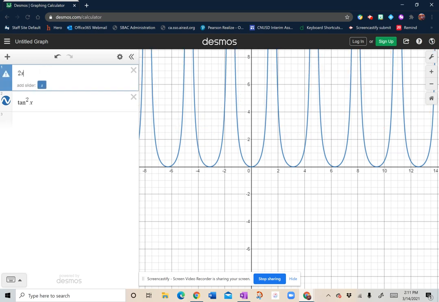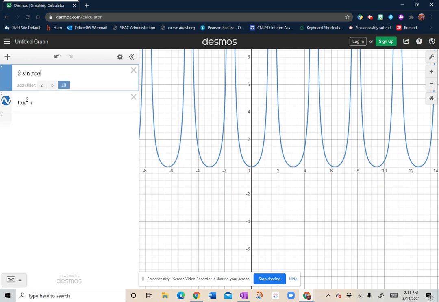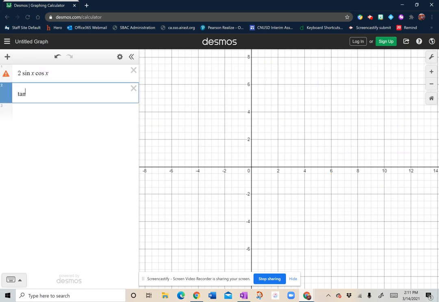Now, there is a little bit of a trick with this one. We're going to go 2 sine x cosine x. For the next one, we have to type in y equals 1. We can't just say 1.